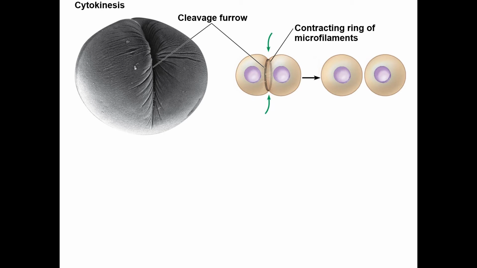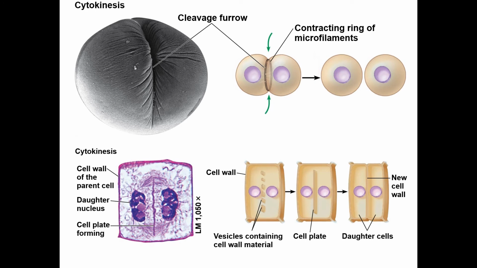Now, if we think about how plant cells might work, how are plant cells different from animal cells? Well, when it comes to dividing, the biggest difference is that they have a cell wall. The cell wall provides a problem. If you were to tie a string around a cell wall and pull, you wouldn't be able to pinch the cell apart. Instead, you have to create a divider from the inside.